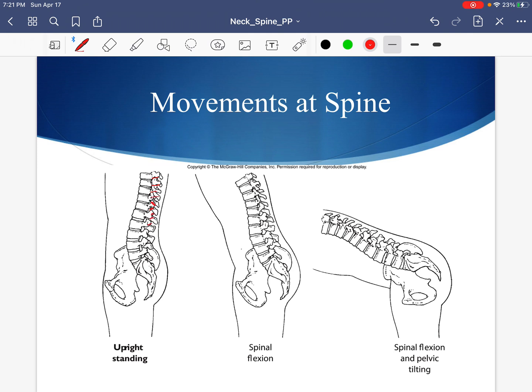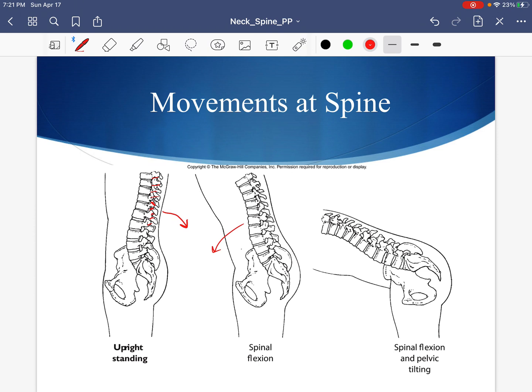Each individual one has only a couple degrees of movement, but when they all work together, it allows us to do flexion. Flexion is when you bend your trunk forward. Extension would be if you move your torso backward.